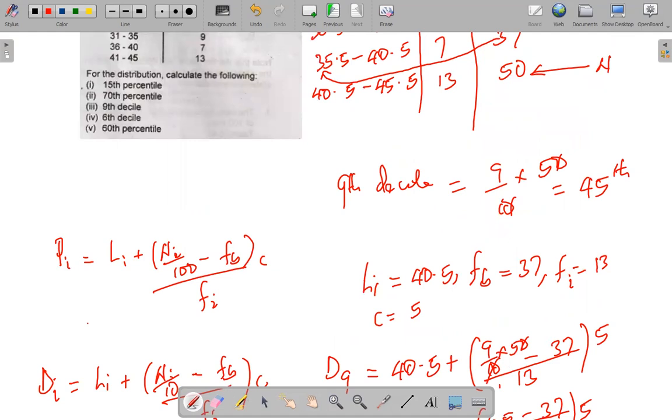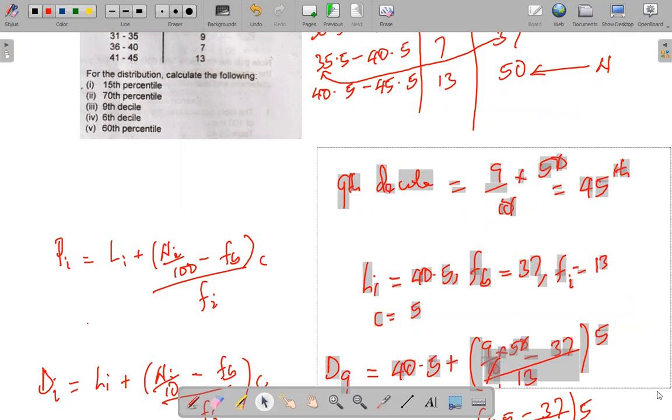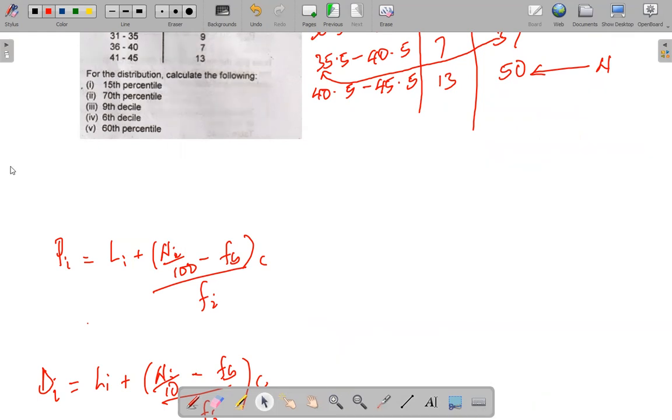Okay. The fourth question, we have to find the sixth decile. Let's get rid of all of this first. The sixth decile is 6 over 10 multiplied by n, which is 50. 6 times 5 is 30.